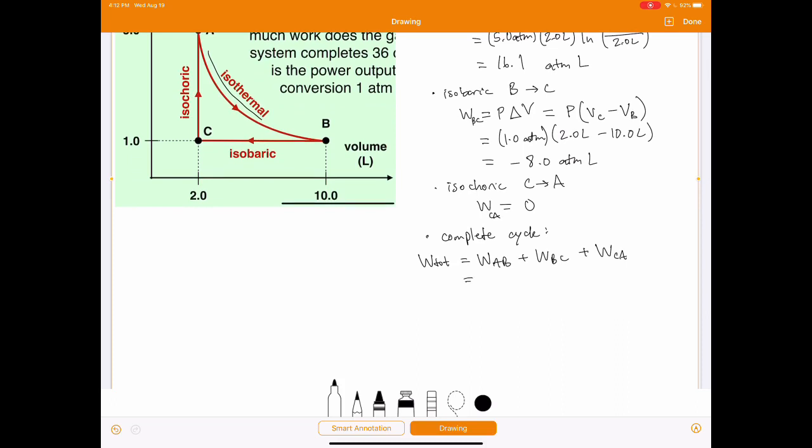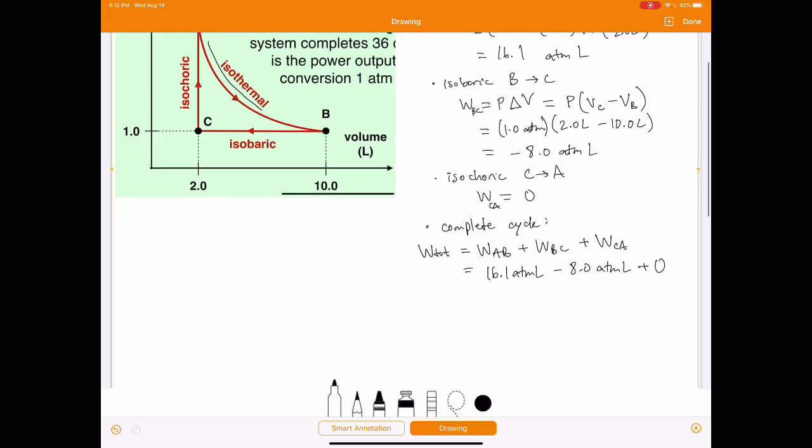And what we have is 16.1 atmosphere liters minus 8.0 atmosphere liters and then plus 0. So the total work done by the gas for one cycle is 8.1 atmosphere liters.